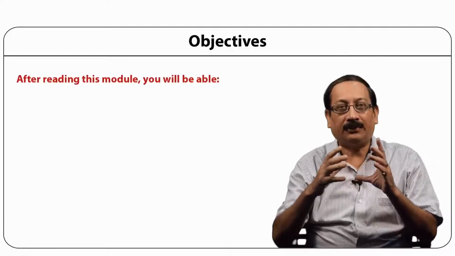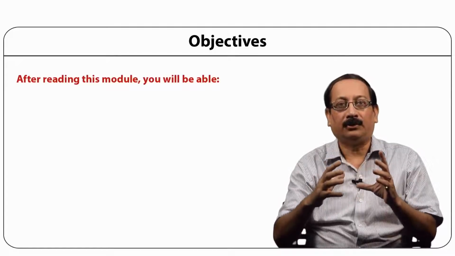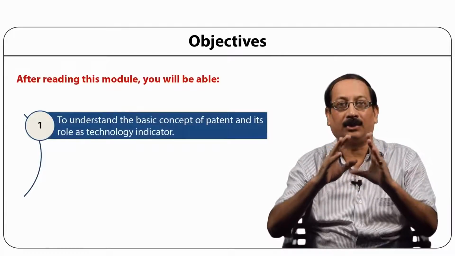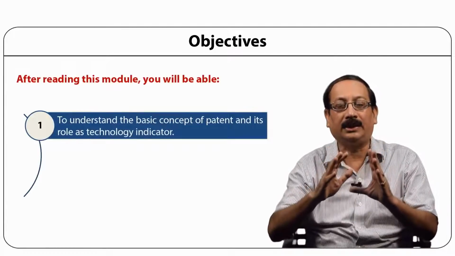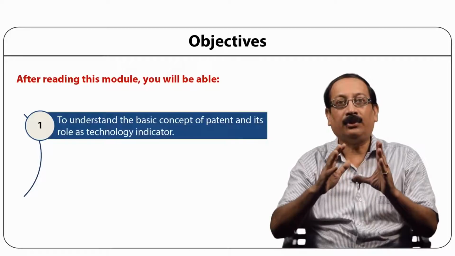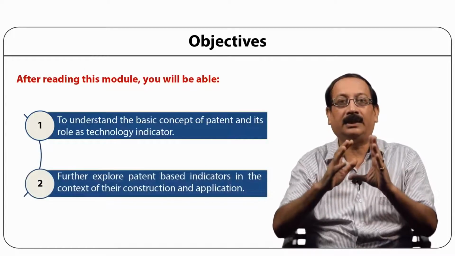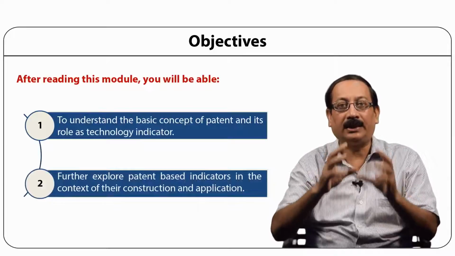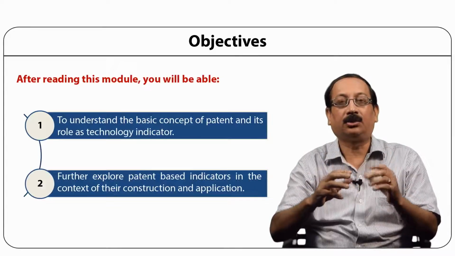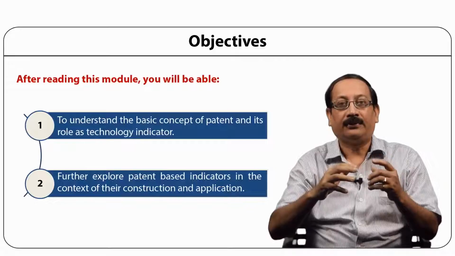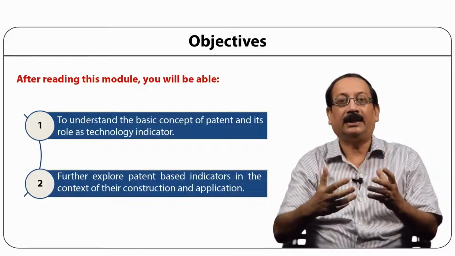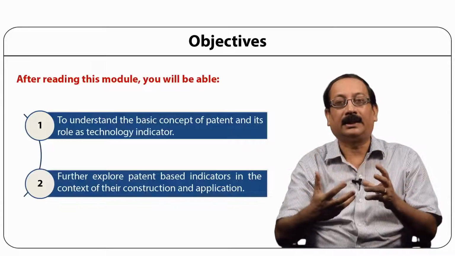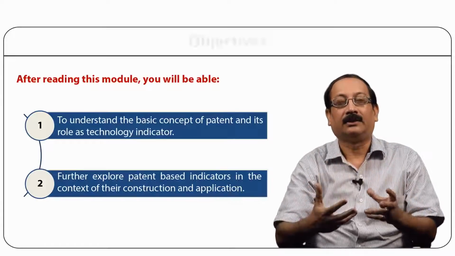The objective of the module is thus to understand the basic concept of patents and its role as technology indicators. We would explore patent based indicators in the context of their construction and application so that the students have basic understanding and can apply these indicators in their research.